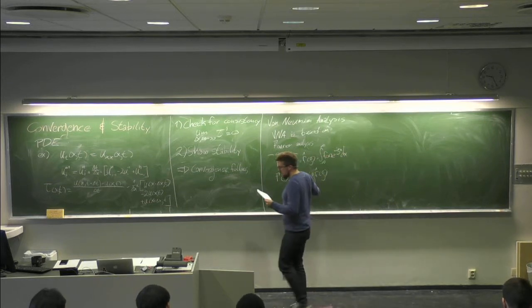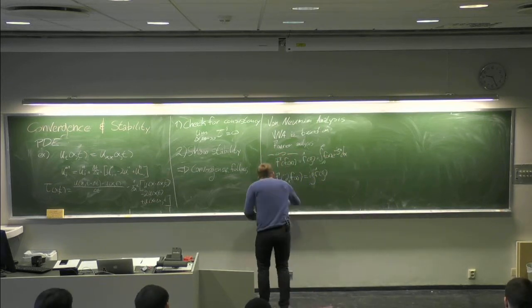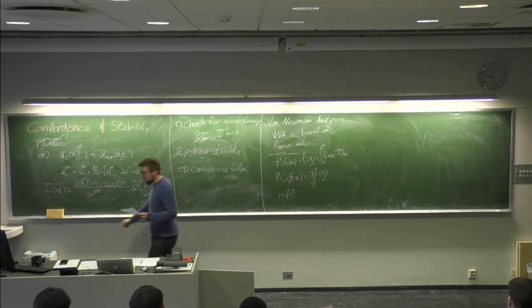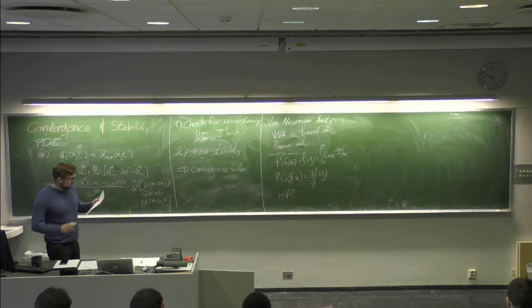And i here is the imaginary number, so now it's not an iterator; it's the square root of -1.